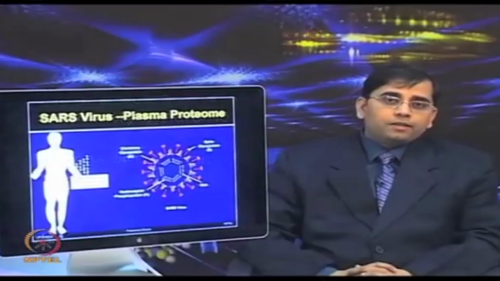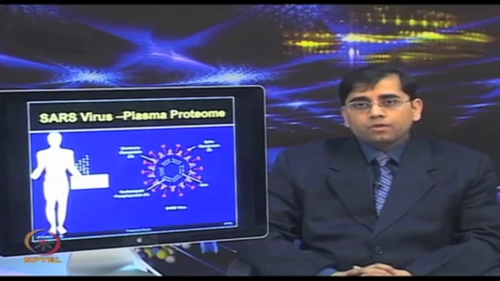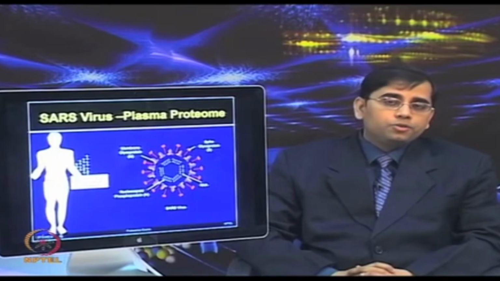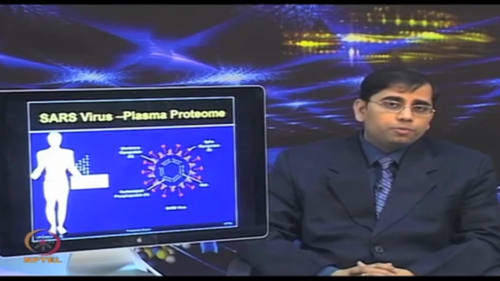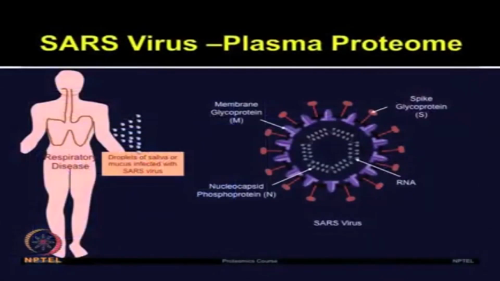If you remember, a few years ago severe acute respiratory syndrome occurred in 2002-2003 and thousands of deaths were reported in several countries around the globe. The genome sequence of the SARS virus was already known and the structure of the main protease and receptors were also known.